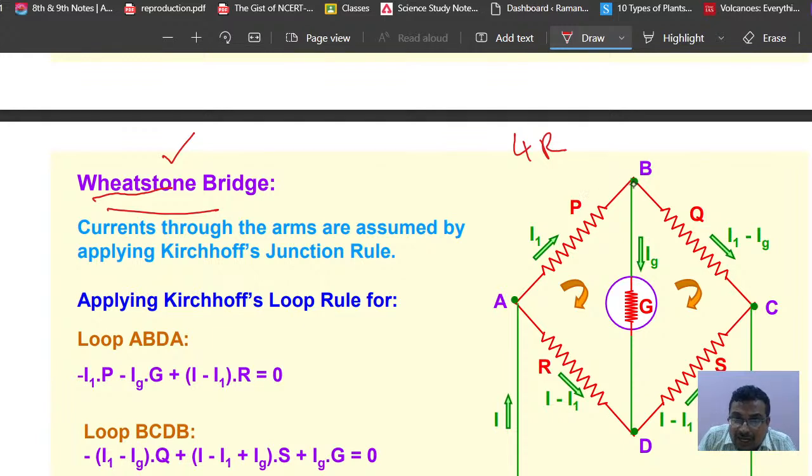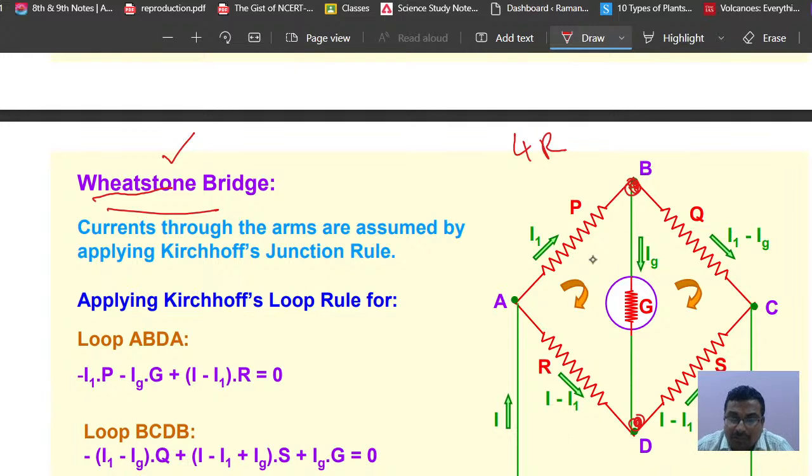The potential difference between these two points becomes zero. When do we say that the Wheatstone bridge is balanced? When zero current passes through the galvanometer, the potential difference between points B and D becomes zero.